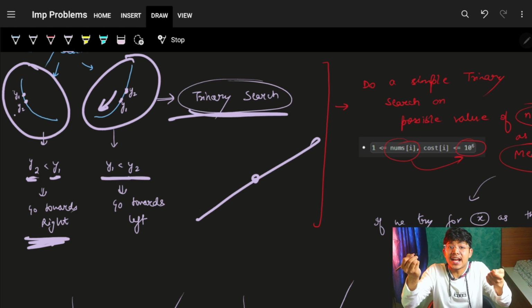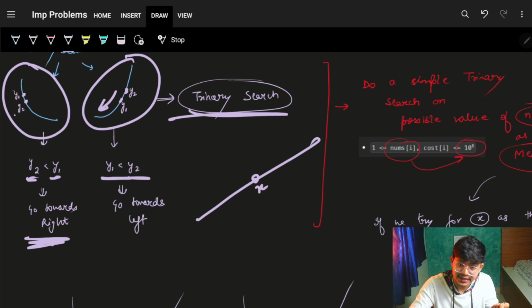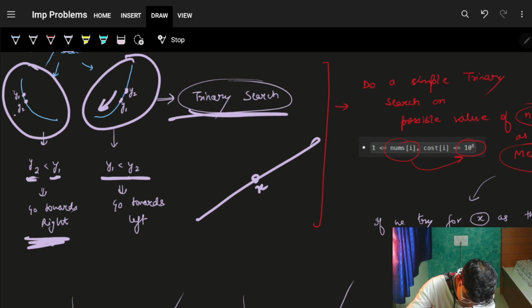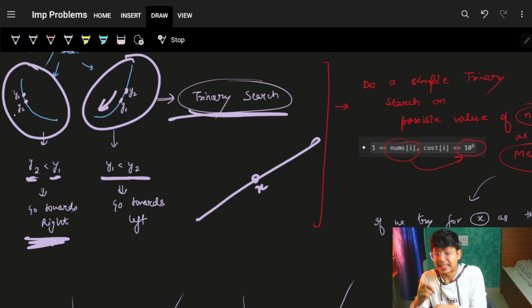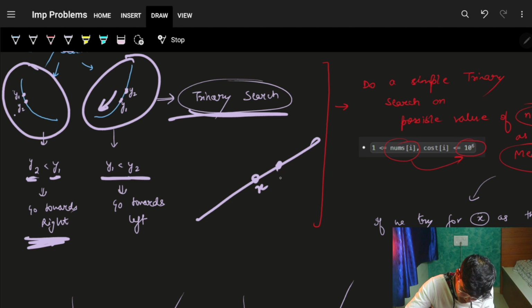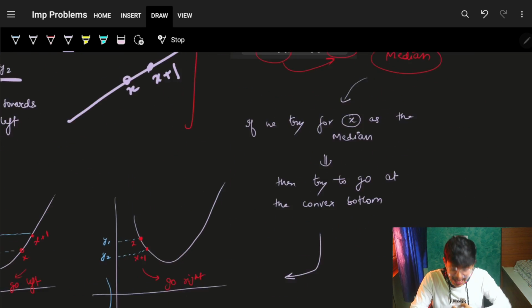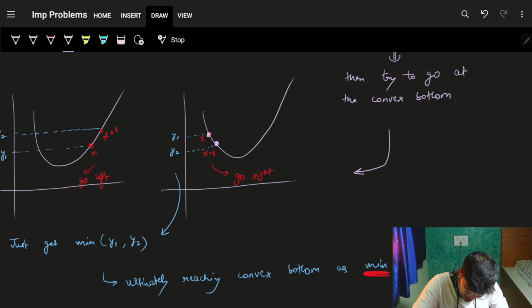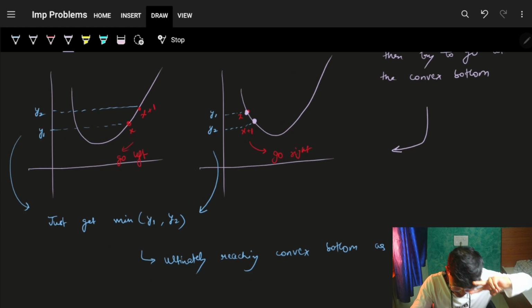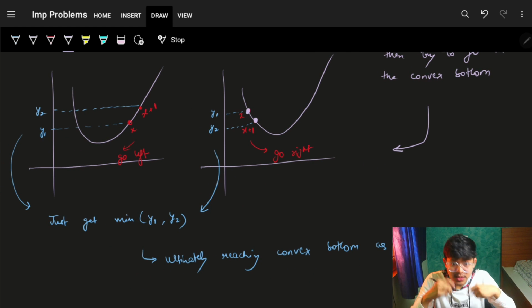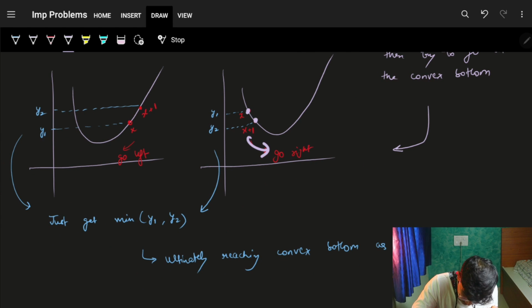In this ternary search, I have the point X and I want to know, shall I go to the left or shall I go to the right? By this, I will get X and X plus 1. If my X plus 1 value is less, I will go to the left.